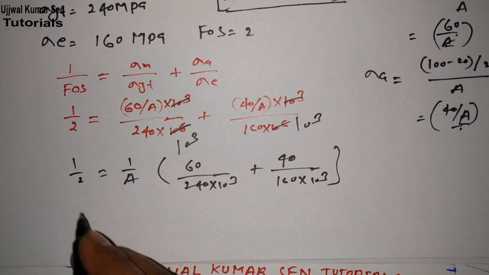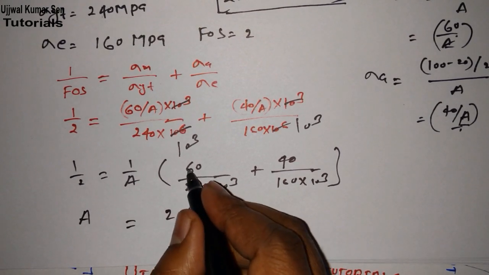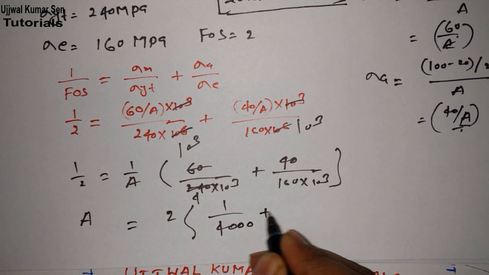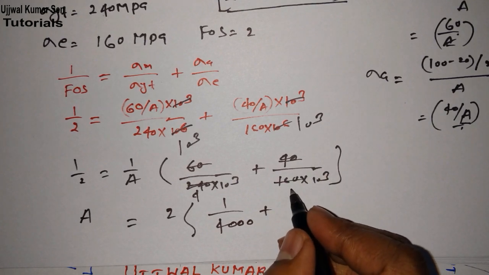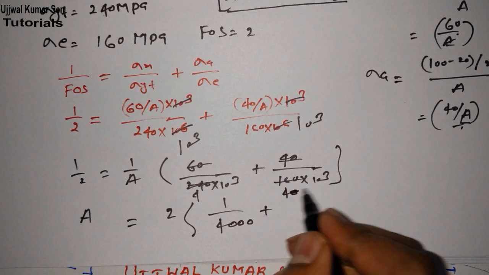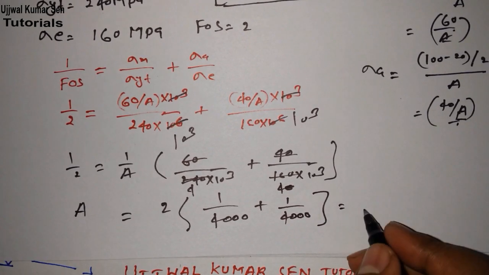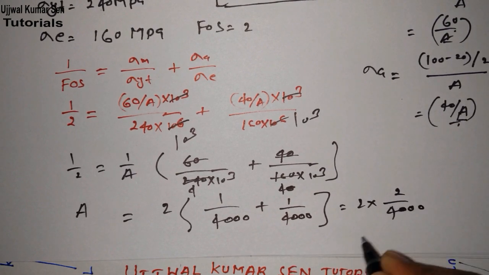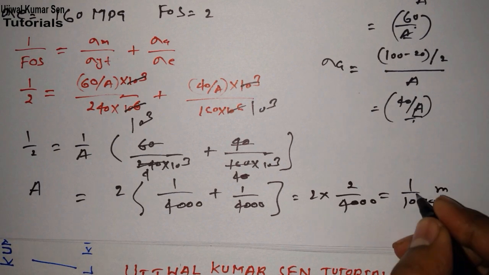We can send this A to that side and 2 to this side. So 2 by 4000 plus this one is also 4000, so 1 by 4000. So we can say this is 2 multiplied by 2 by 4000, so this is 1 by 1000 meter, right?